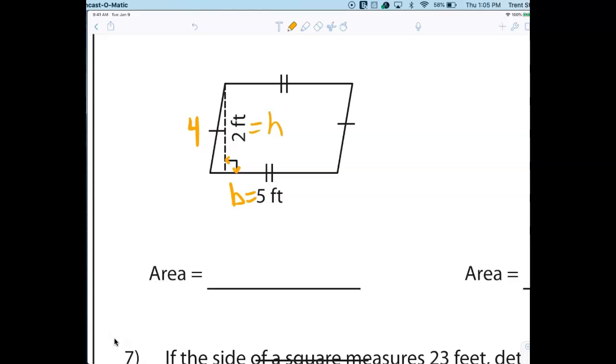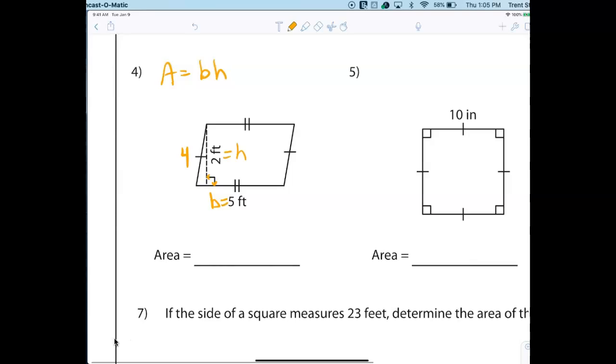And the height is just defined as the distance between the two bases. So in this case, obviously, we would just say the area is what? 10 square feet. Thank you. 10 square feet. All right.